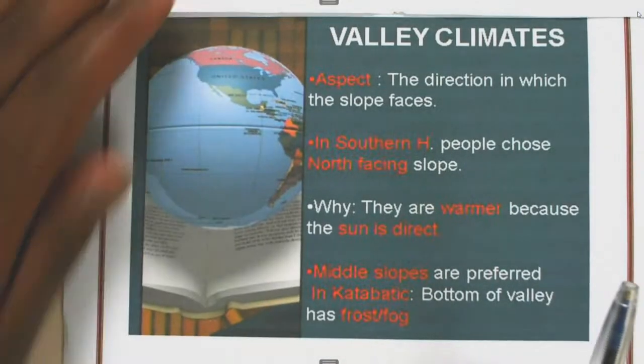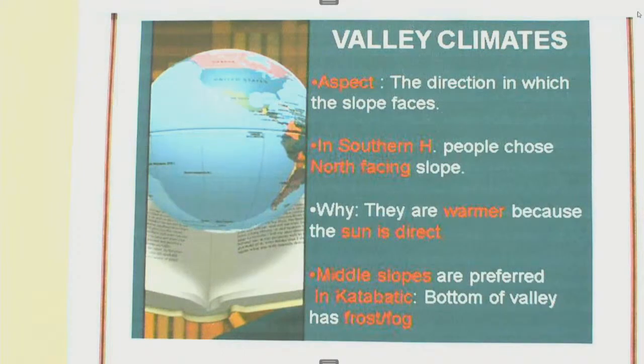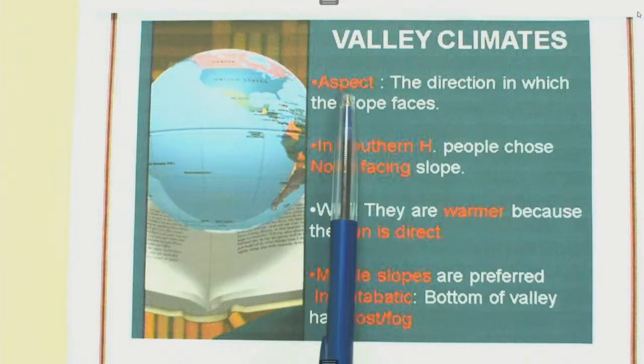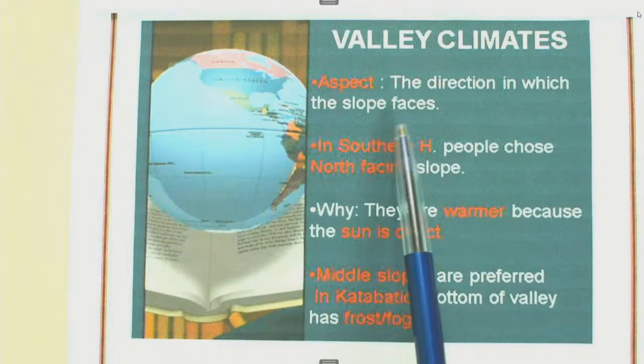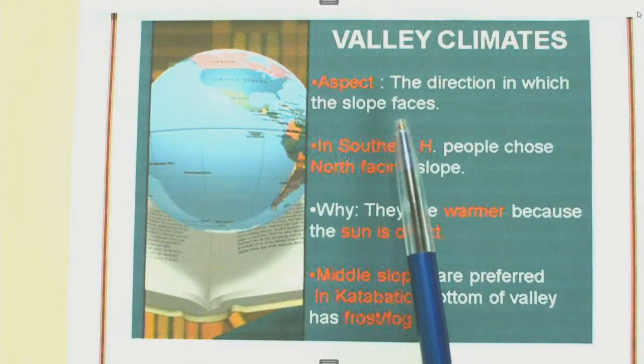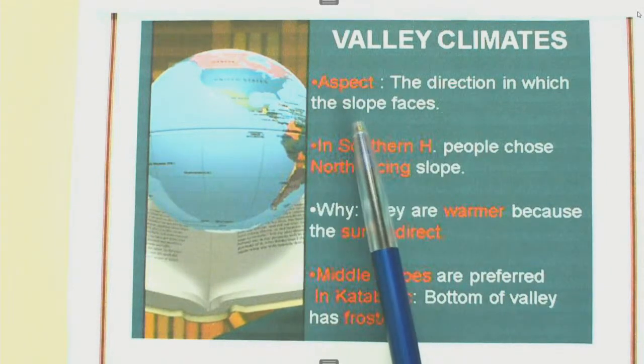which is the valley climate. The valley climate, as you can see here on the diagram, it is important to know the following concepts. The first one is aspect of the slope, the direction in which the slope faces. In the southern hemisphere, north-facing slopes are warmer than south-facing slopes.